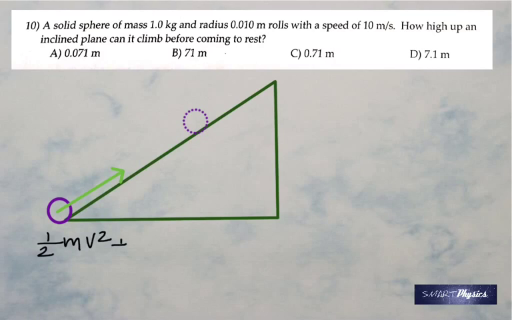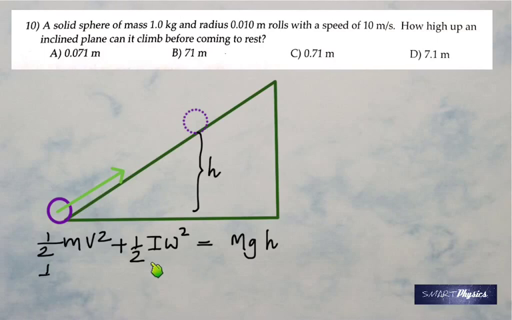The kinetic energy at the bottom is of 2 types. Because it's rolling, it has rotational kinetic energy, and its center is moving forward, so it has linear kinetic energy. The sum of the two is equal to the potential energy at the top.